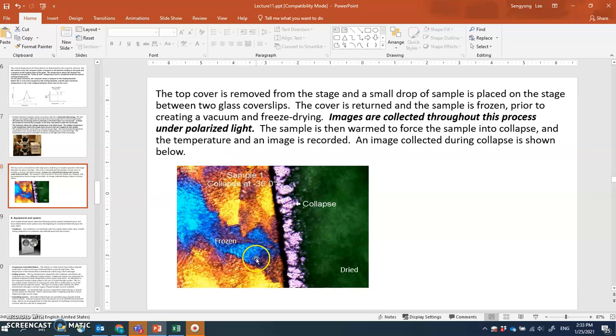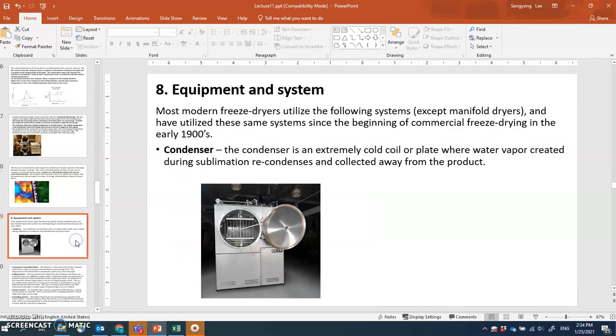I mean, blue is frozen, and maybe some interstitial space, and then collapse is showing up as a line, kind of this structure. You can see where the collapsing point is, under what temperature point. So it collapses at minus 36. You can see that. So you probably want to avoid drying at minus 36. You have to probably do it at a lower temperature than minus 36. Okay, so that's what you will use the freeze dry microscope for.